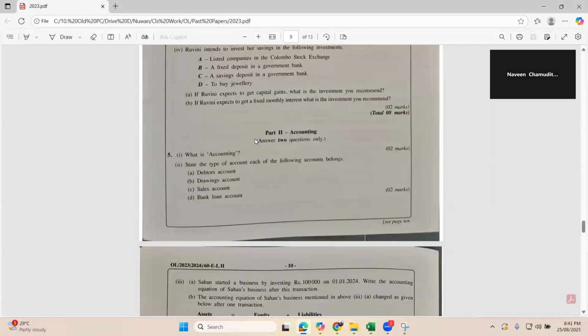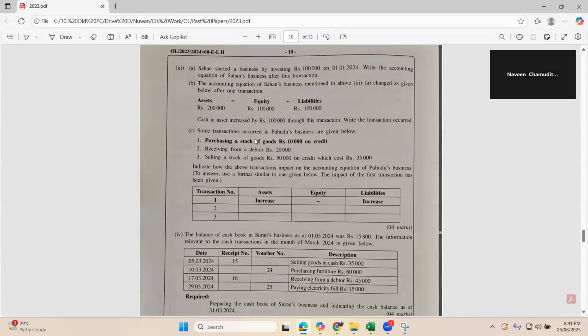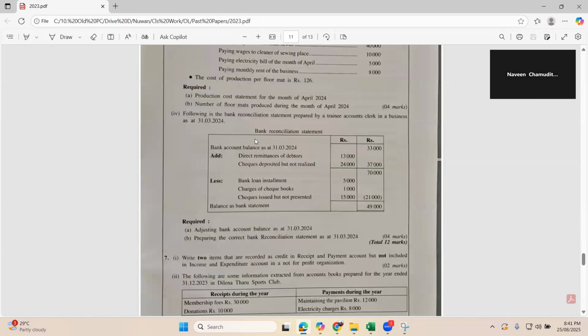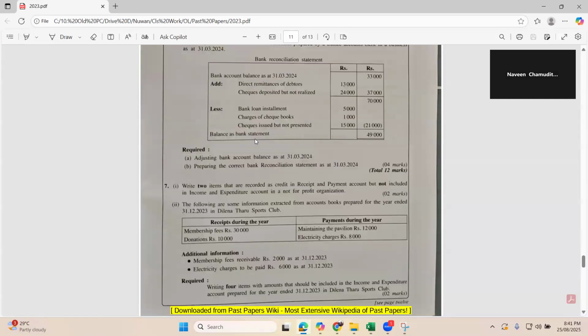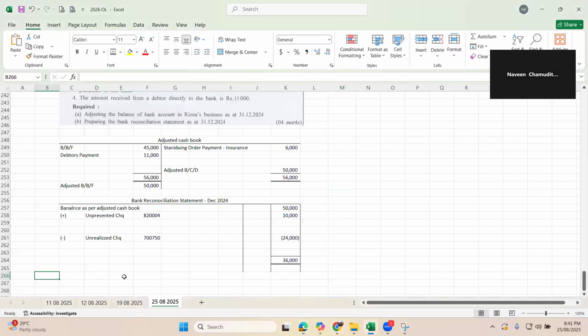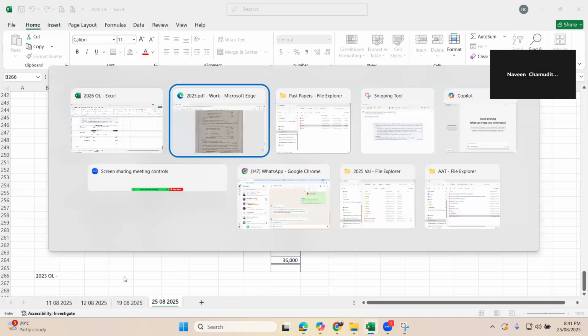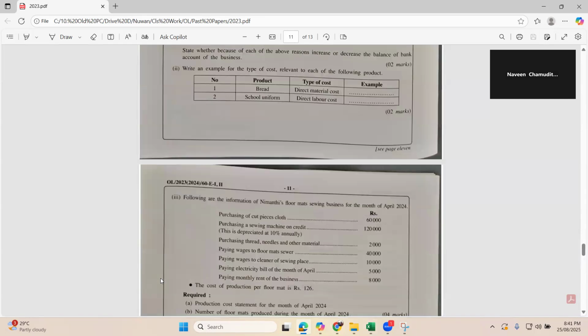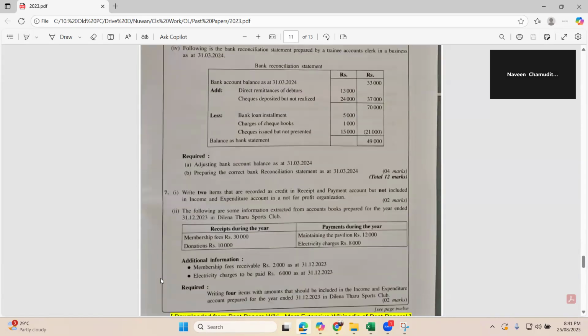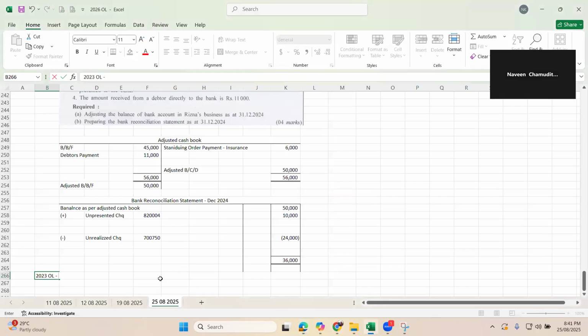This is one of the definite questions that will be tested in the paper. See, this is 2023 O level question number 6, 4.